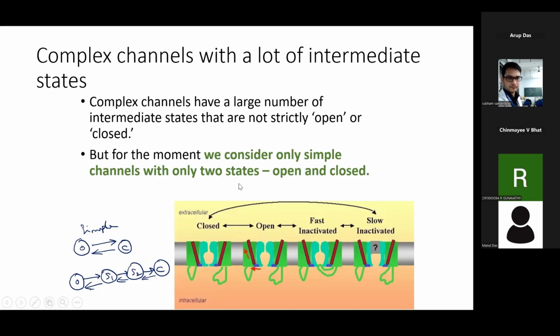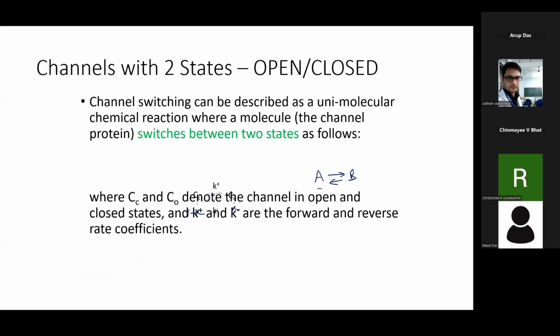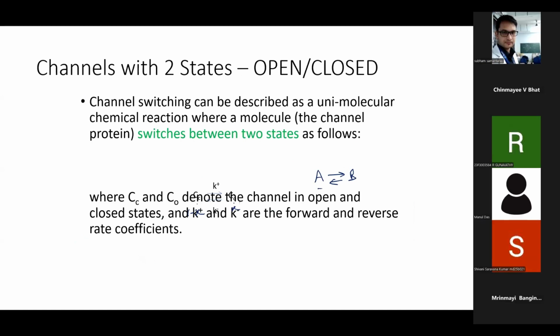Okay, so the voltage-dependent open-close dynamics of a channel is called channel kinetics, or actually gate kinetics, and a lot of work is done on that. But we'll look at the simplest version of that. People describe the channel kinetics simply as a first order chemical reaction where a molecule A becomes molecule B and vice versa. There's a reverse rate also.